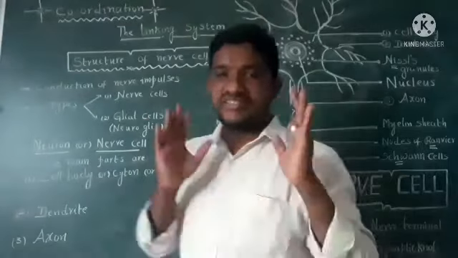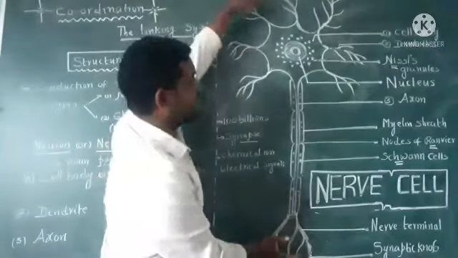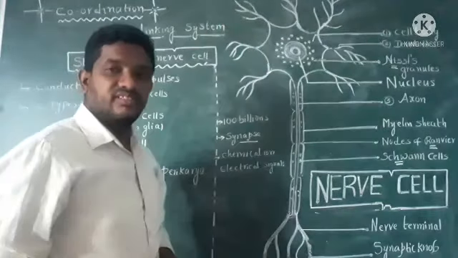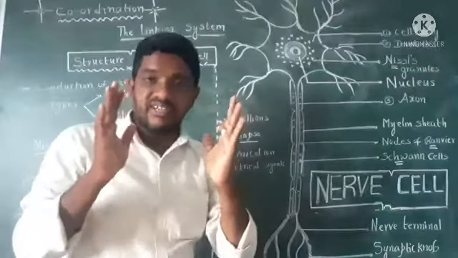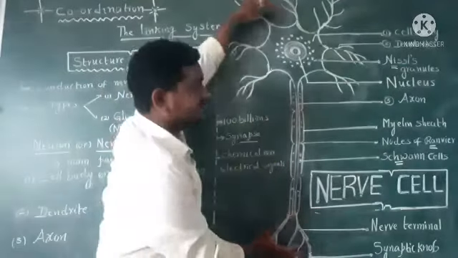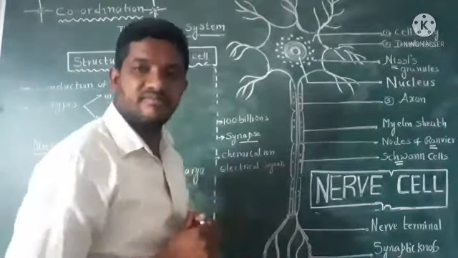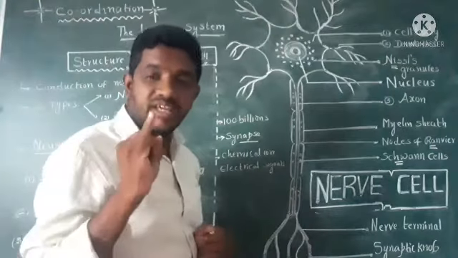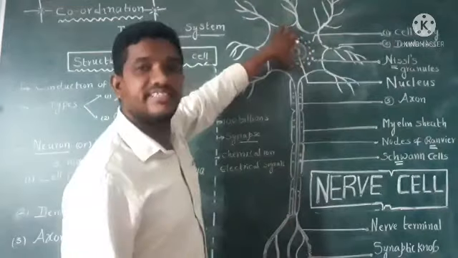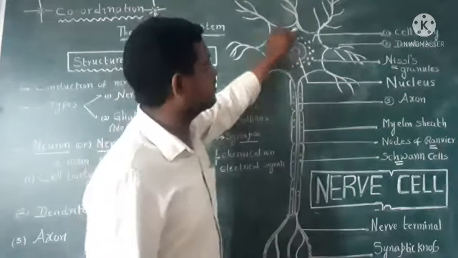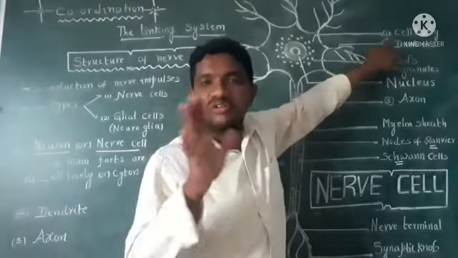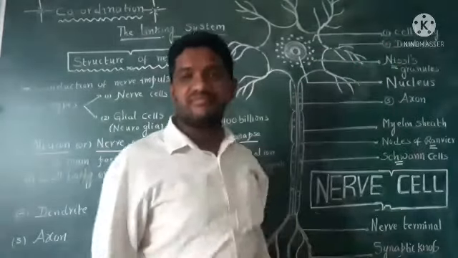Once observe this structure. This is the structure of nerve cell. First of all, we have to identify the main parts in this nerve cell. First one is the cell body or cytome or pericardium.